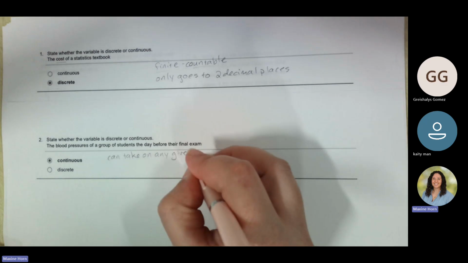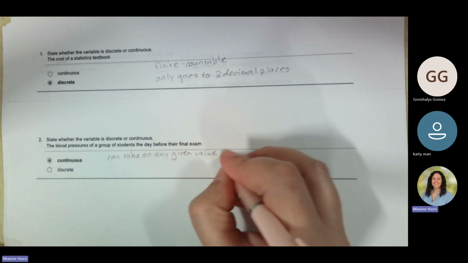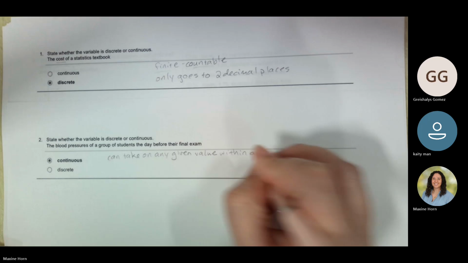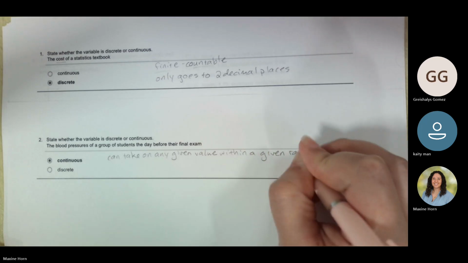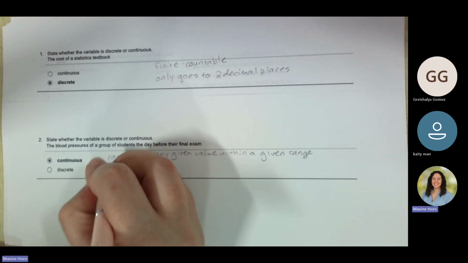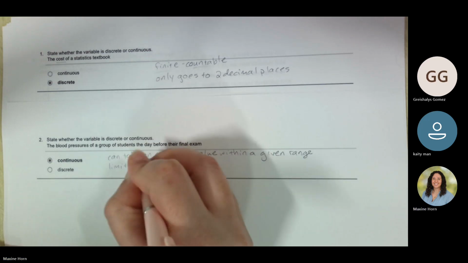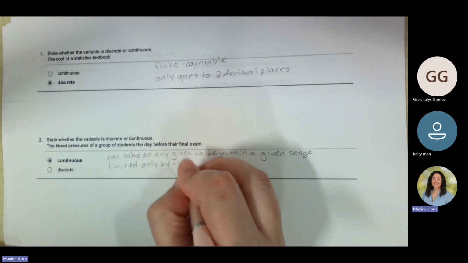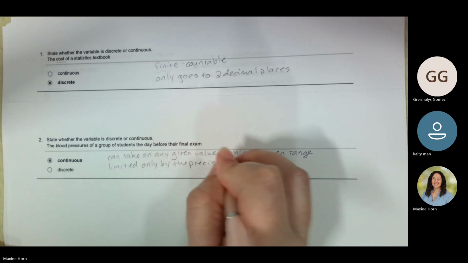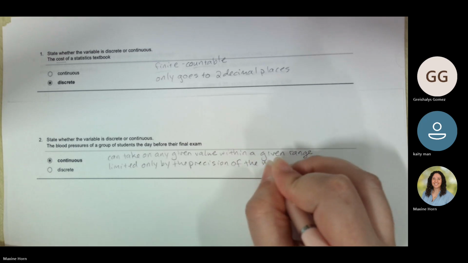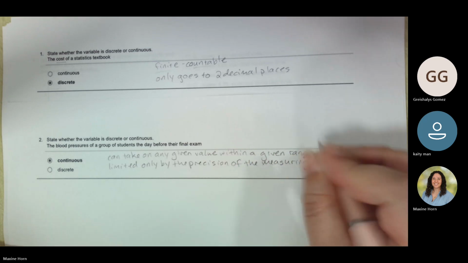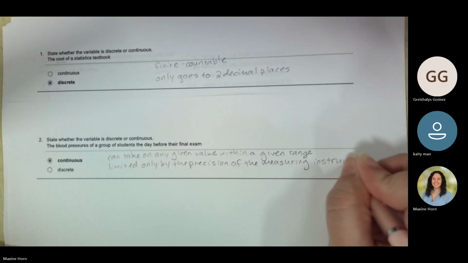A continuous variable can take on any given value within a given range, and it's limited only by the precision of the measuring instrument. So maybe you have a blood pressure monitor that is a dial, where it goes like that.